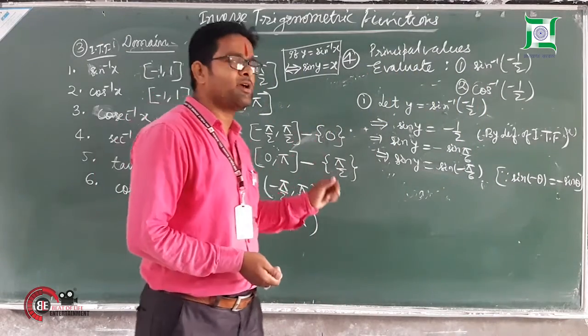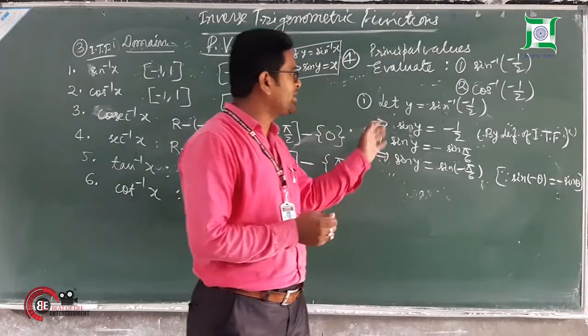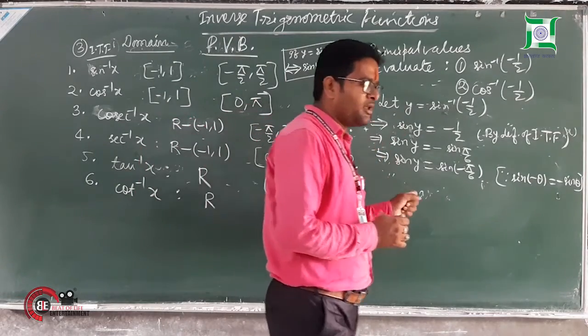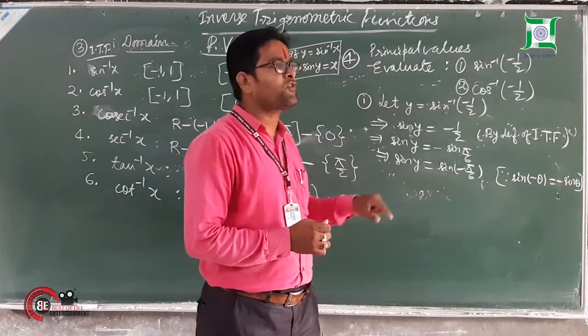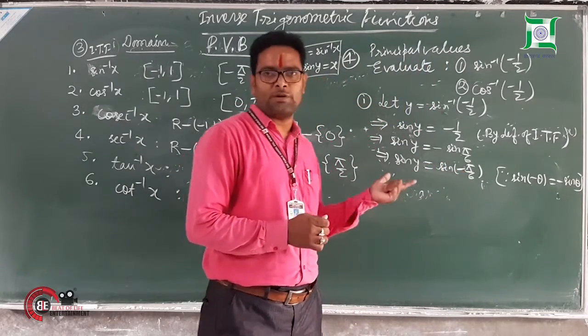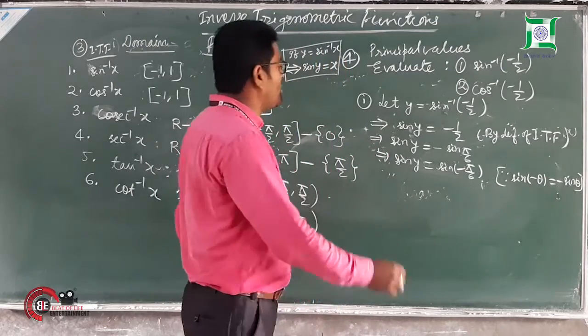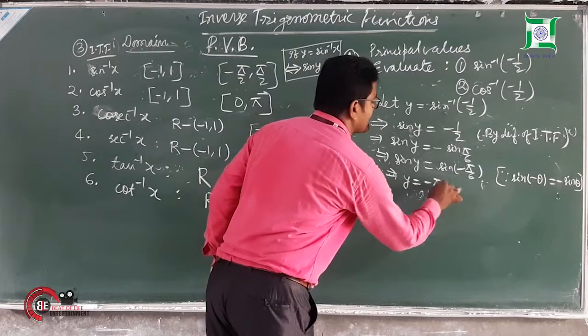The negative of the angle gives the negative of the trigonometric function. In case of sine, tan, cosec, it will be minus. In case of cos, sec, it will never be minus. In case of cot also it will be minus. Fine? So, can we write it as y is equal to minus pi by 6?